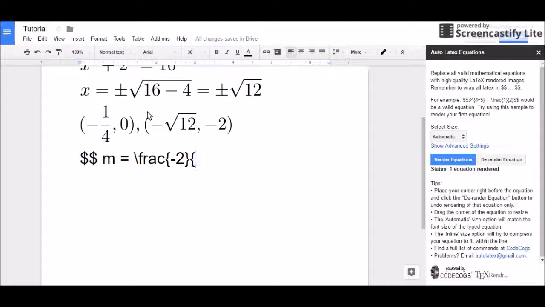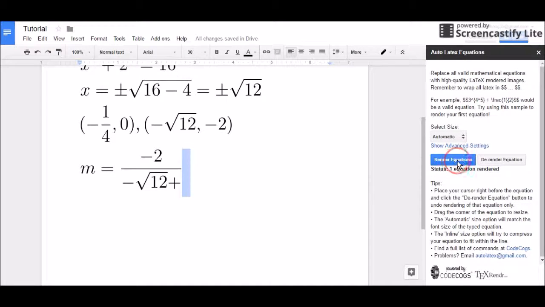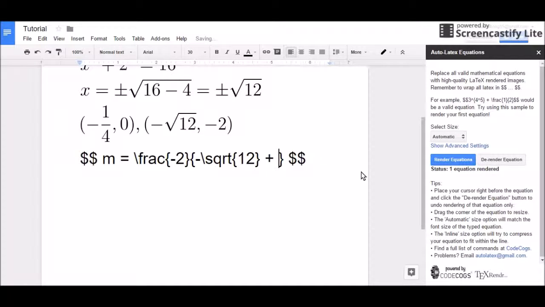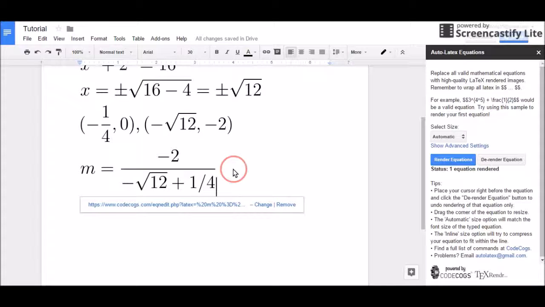So that is going to be just negative 2 over negative square root of 12 plus 1/4. Wait, now it shouldn't mess with... Okay, yep, it didn't mess with it.